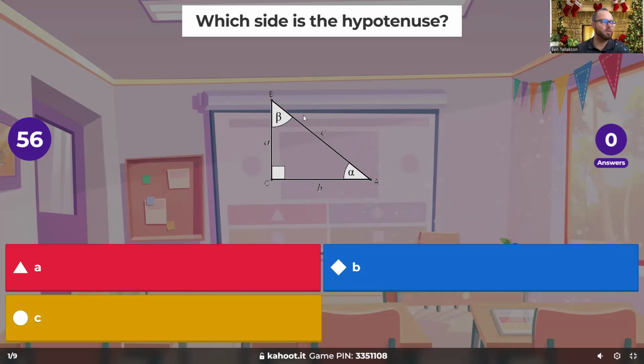I know this may be difficult to read. This is side A, B, and C. A, B, C. For the sake of giving you time to solve, I will be letting the clock run all the way out before I answer.